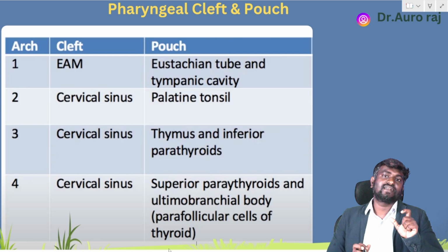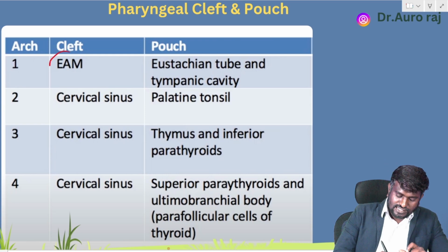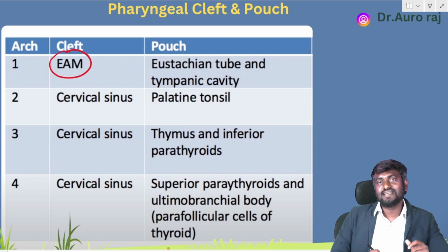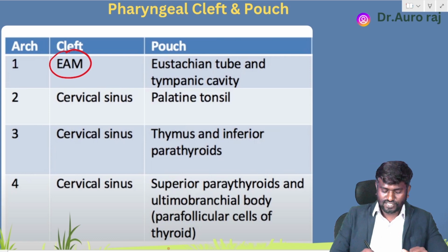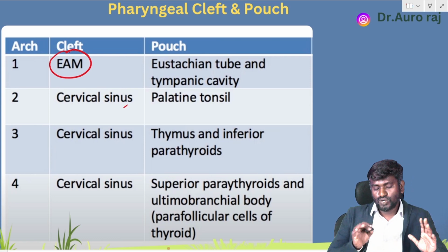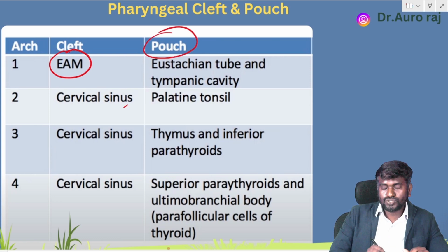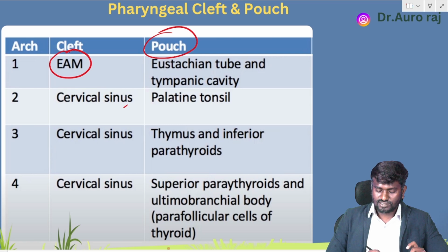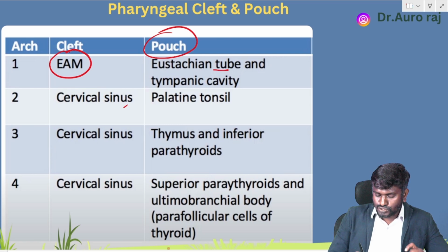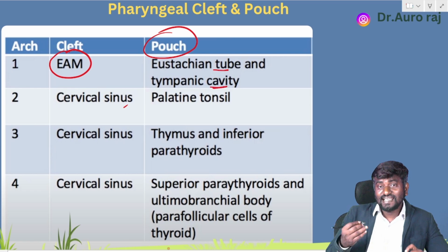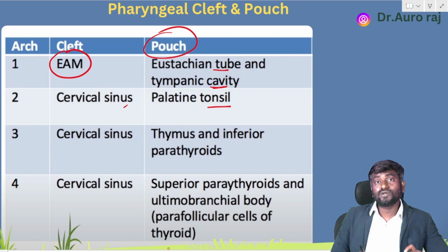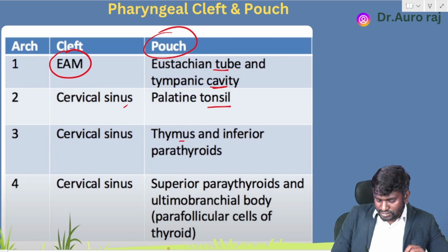The first cleft is going to give rise to the external acoustic meatus. Second, third and fourth will give rise to the cervical sinus. Easy. Now discussing the pouch. The first pouch gives rise to the eustachian tube and tympanic cavity. Second gives rise to the palatine tonsil. Third gives rise to the thymus and the inferior parathyroid.